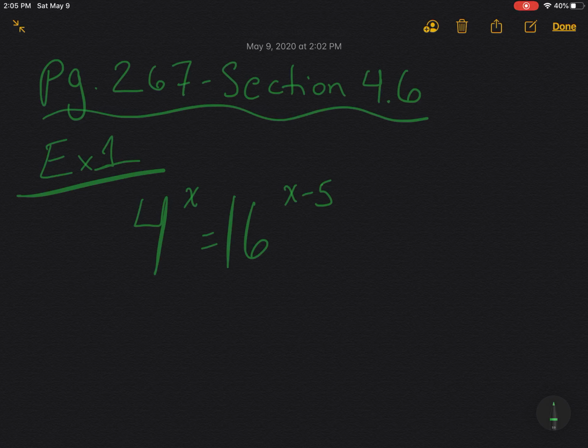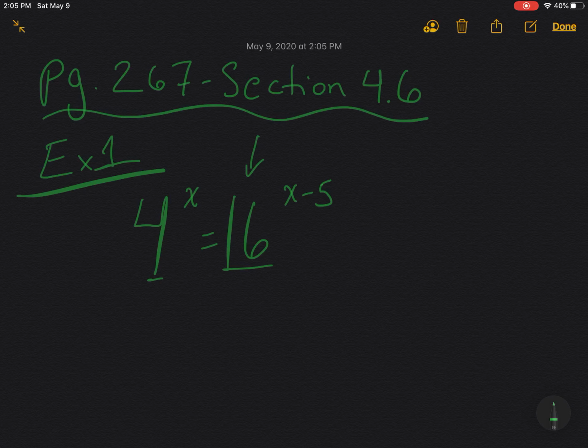You're going to see bases that have some type of exponential relationship, and you have to figure out how to make them the same base. So I hope you know that 16 is 4 to the second power, right? So that's what we're going to do first.